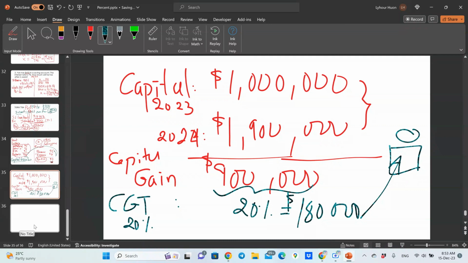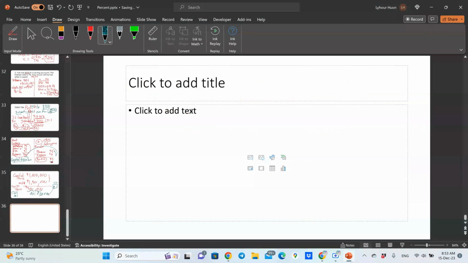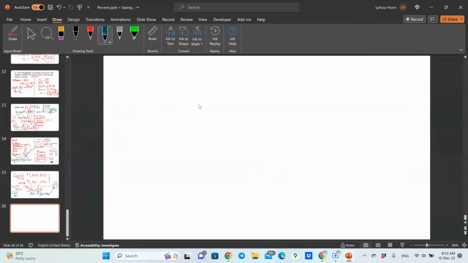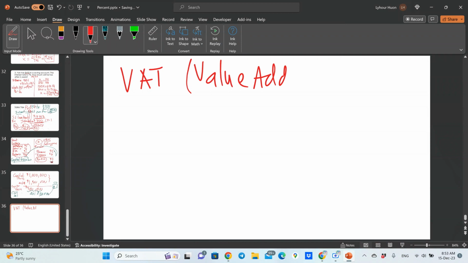So the next thing that you always face is called value added tax. What is value added tax? For example, you go to eat at a restaurant.